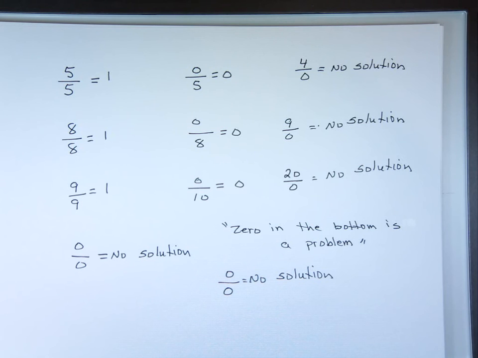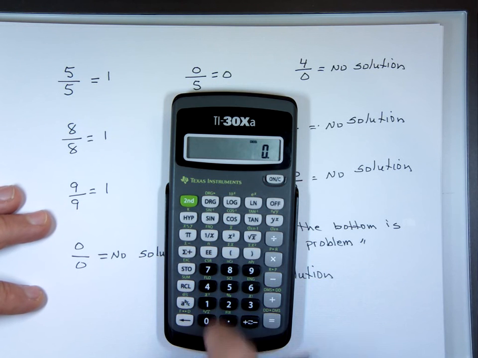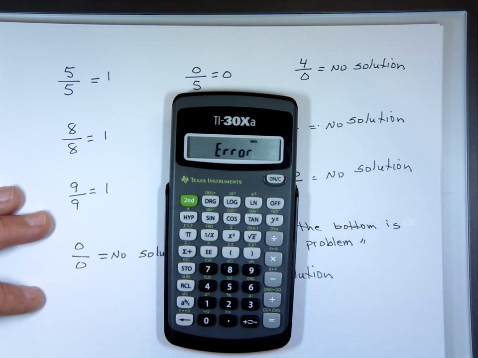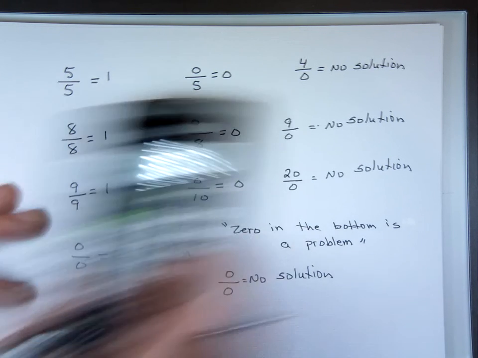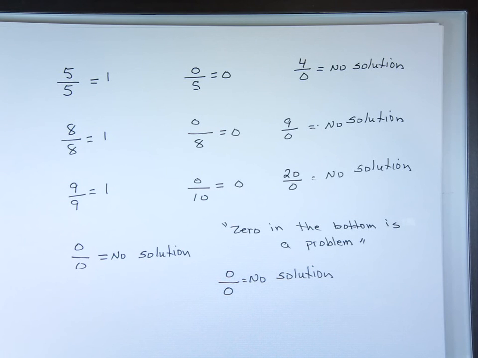It is a problem. Notice 0 divided by 0 equals error. You can't divide by 0. So remember that 0 in the bottom is a problem. So if you see any of these problems, you can't do them.